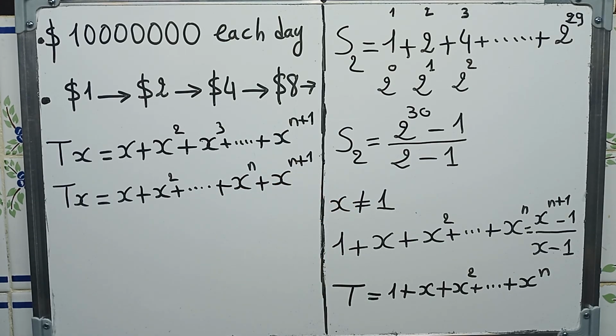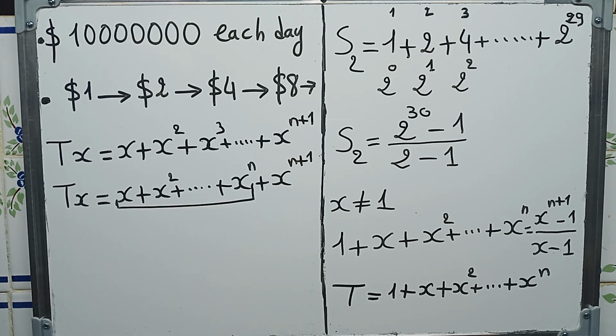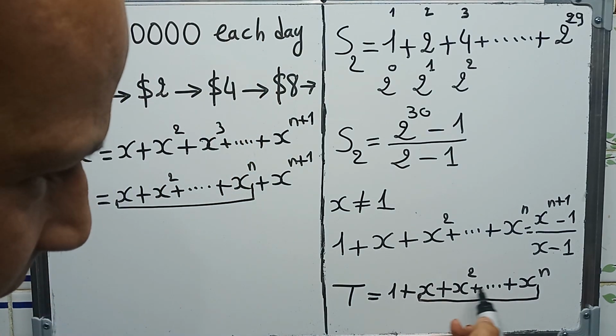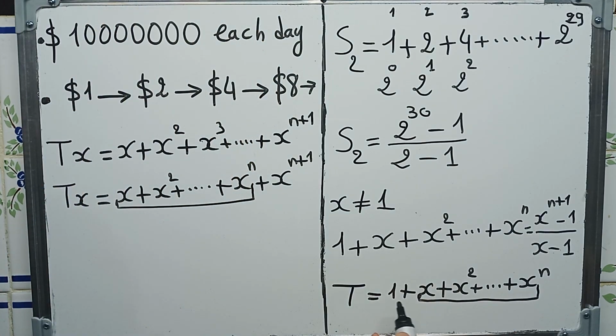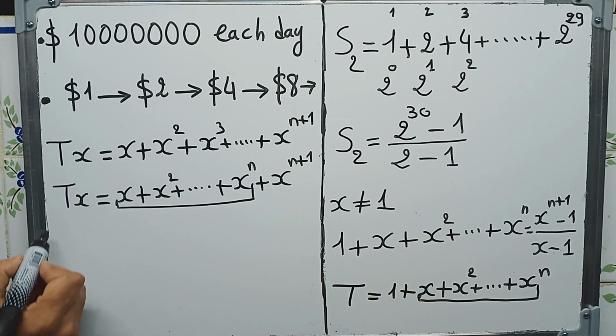And if you see here this term, it's equal to this term. So what is equal? This term is equal to, if one goes to the other side, t minus 1. So this term is just t minus 1.